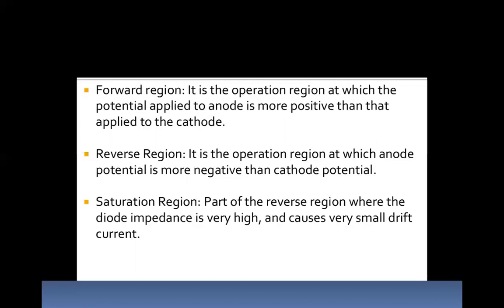Diode impedance. What is impedance? Impedance is nothing but the resistance produced, say, due to a particular capacitor or a particular inductance. If it is produced because of the inductance, it is called inductive reactance. If it is produced because of the capacitor, it is called capacitive reactance.